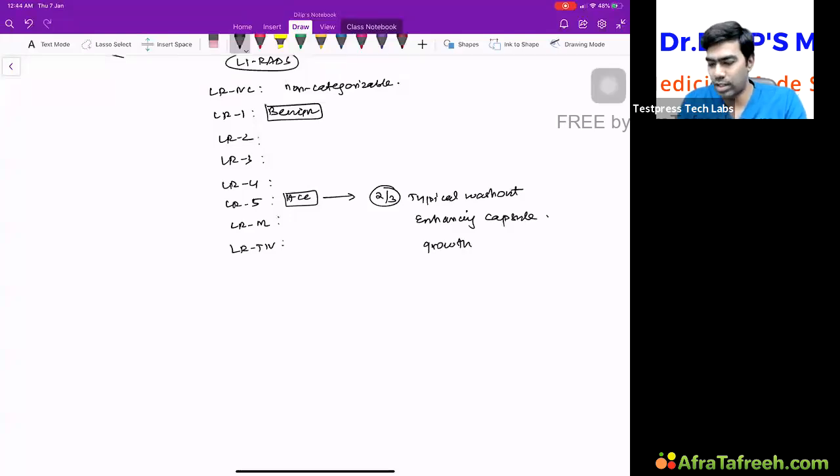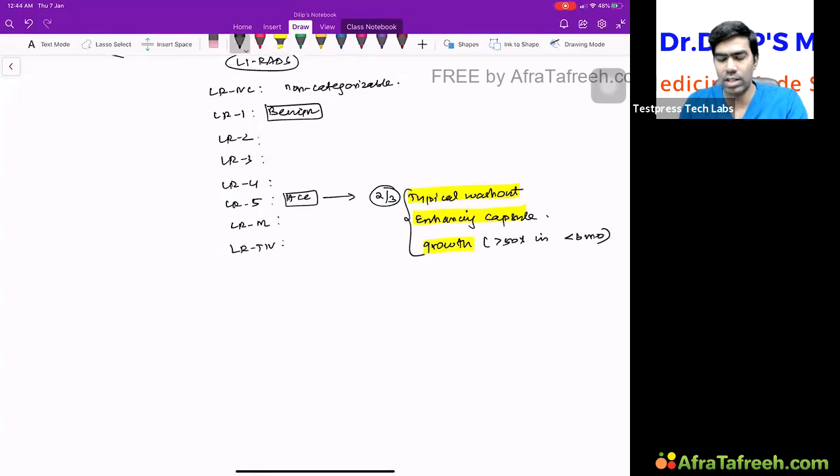For example, if you decide to follow up the mass, if the mass grows by more than 50% in less than 6 months, that is also one of the important features. Among these 3, the typical enhancement and washout pattern, the enhancing capsule, and the growth, if you demonstrate at least 2 out of these 3, it is LR5. It's definite HCC. That's all.